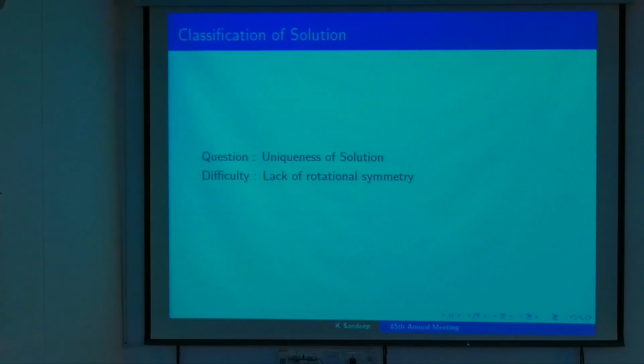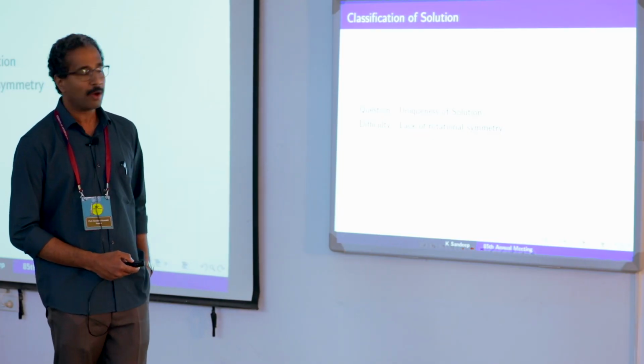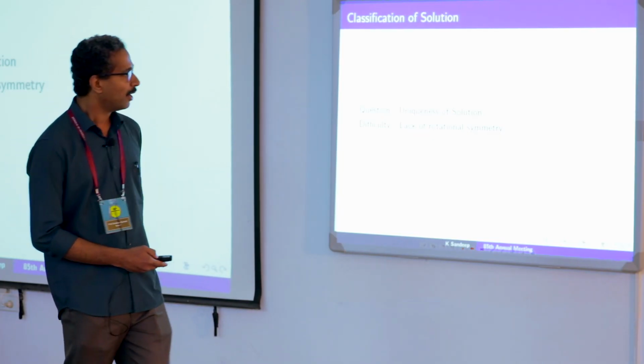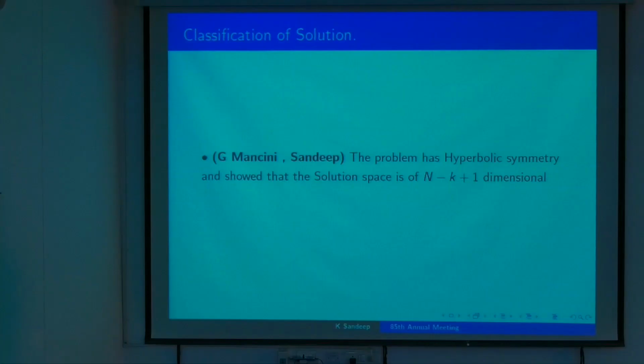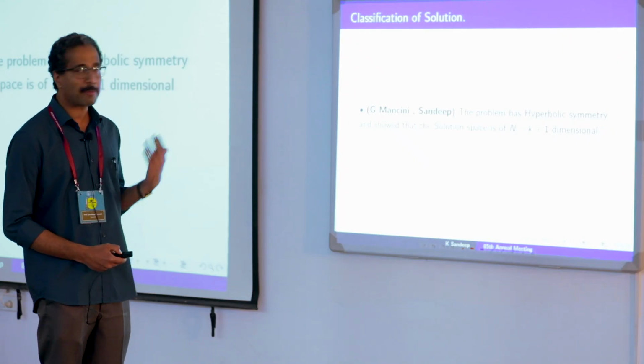So then I wanted to see the uniqueness of solutions for that equation, and the difficulty was the lack of rotational symmetry for this problem, or the conformal invariance and so on. So in joint work with one of my collaborators, we were able to find that this problem has some kind of hidden symmetry, what is known as hyperbolic symmetry.